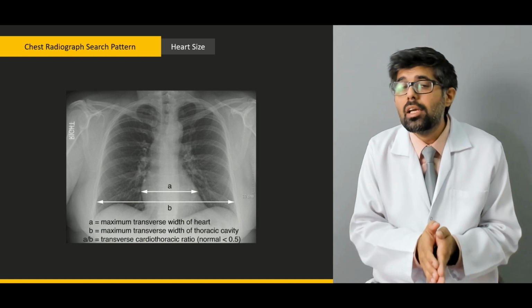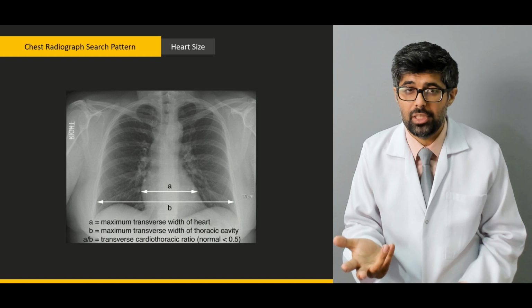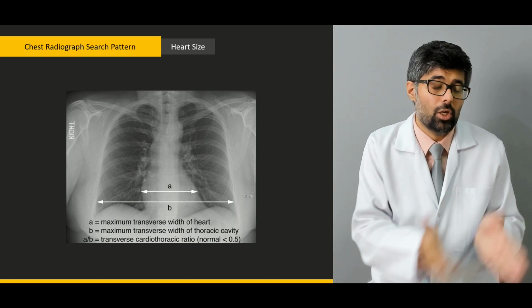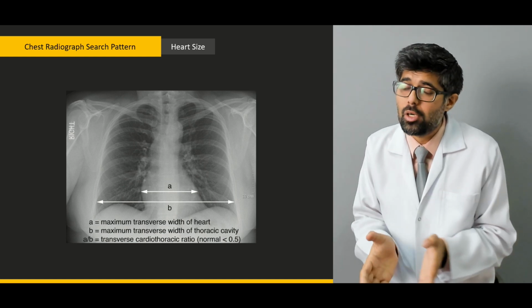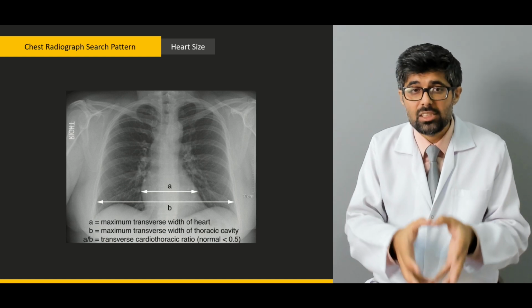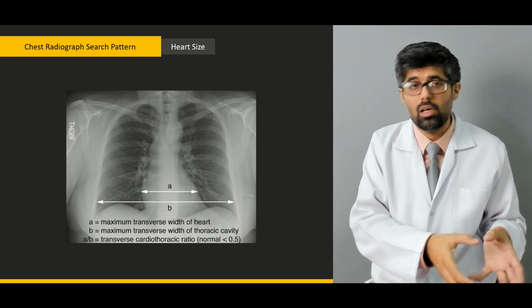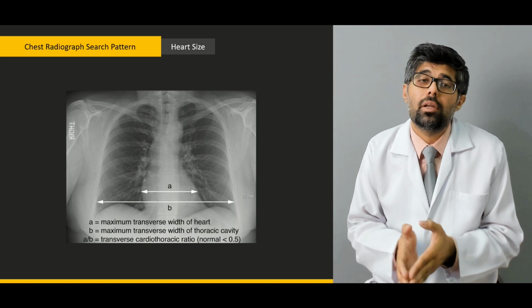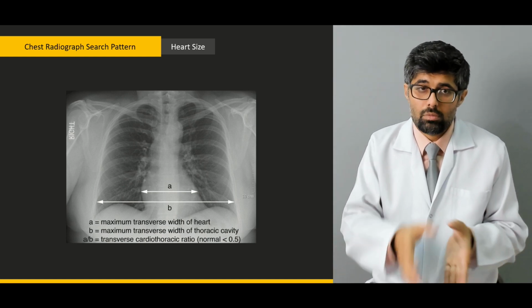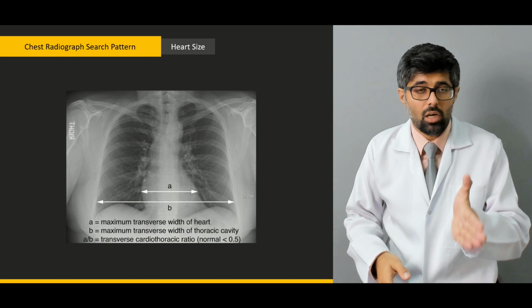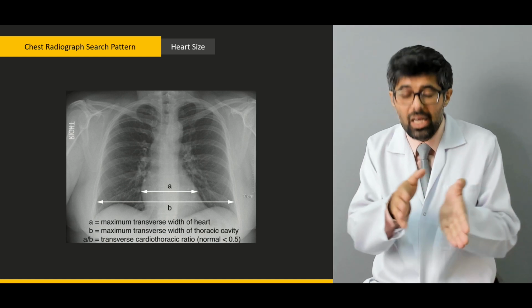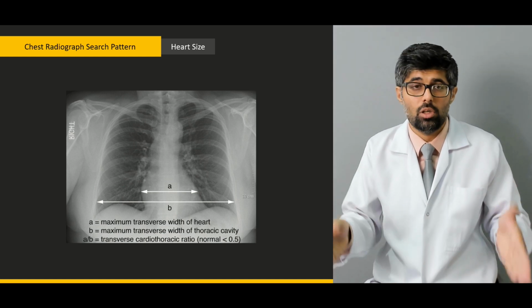Now, cardiomegaly can be because of two common things. One is cardiomyopathy or dilated cardiomyopathy, which dilates the ventricles and the atria. Another one is the pericardial effusion, where water accumulates between the heart and the pericardium and gives the appearance of a large heart.